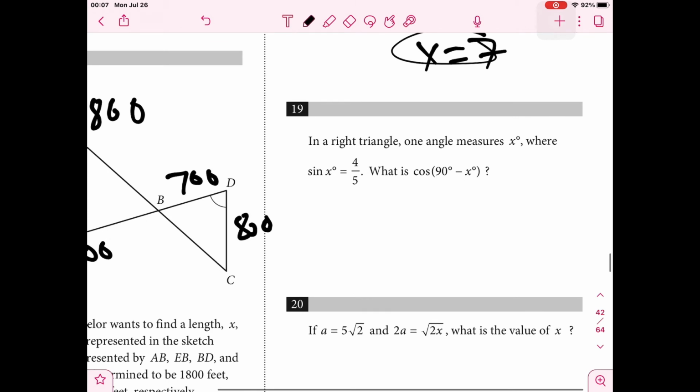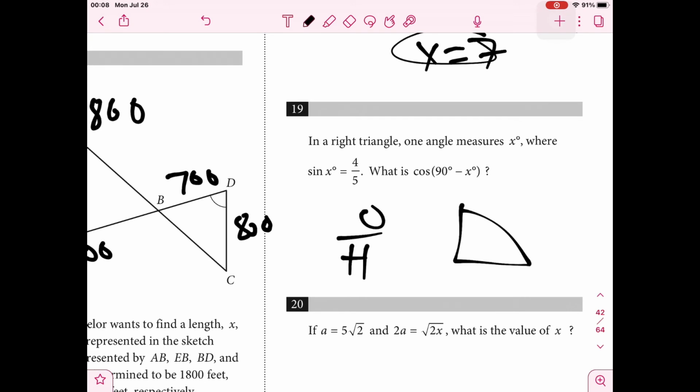Sorry about that. In a right triangle, one angle measures x degrees where sine x is 4 over 5. Alright, so SOHCAHTOA, right? So that's opposite over hypotenuse. So if this is my triangle, and this is x, then my sine is opposite.